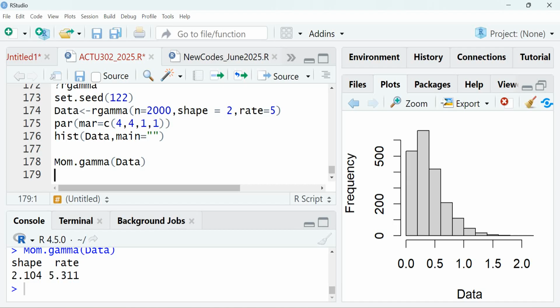So at a point, maybe 200 may perform better than 2,000. That is why if you are testing this, we don't do one simulation. But you do this over time, and then we can talk about bias, we can talk about mean square error. So that's the next thing we want to talk about now.